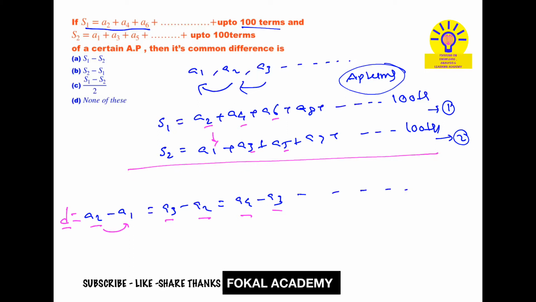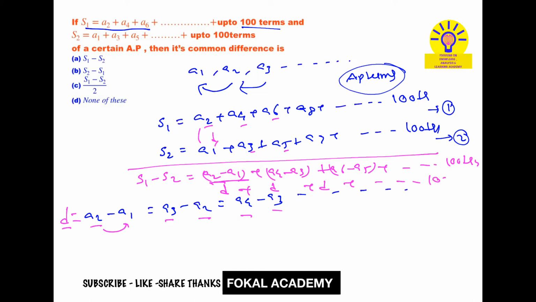Now subtract equation 1 minus equation 2. Then we get S1 minus S2 is equal to A2 minus A1 plus A4 minus A3 plus A6 minus A5 plus so on up to 100 terms. We know that each of these is the common difference, D plus D plus D and so on up to 100 terms.